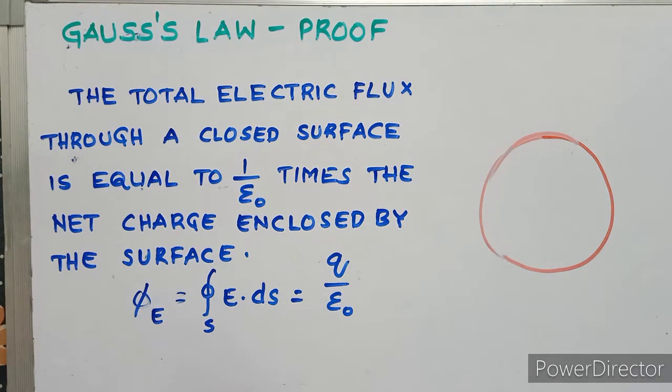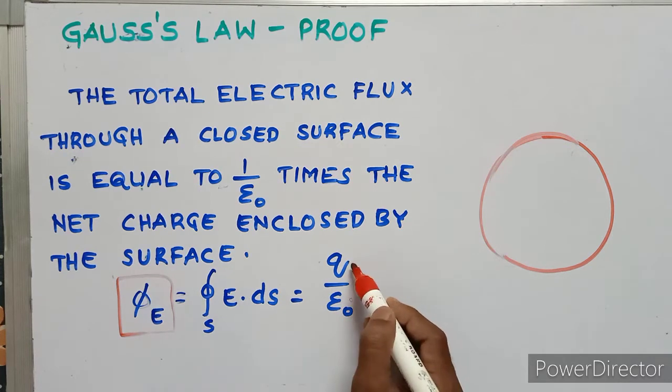The electric flux is denoted by phi suffix e. The total electric flux through a closed surface is equal to 1 upon epsilon naught times the net charge.